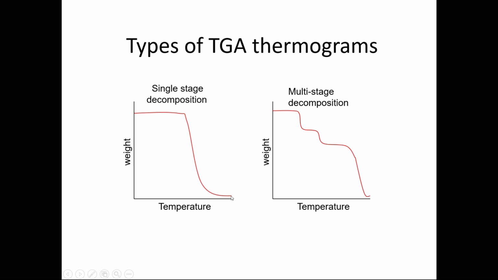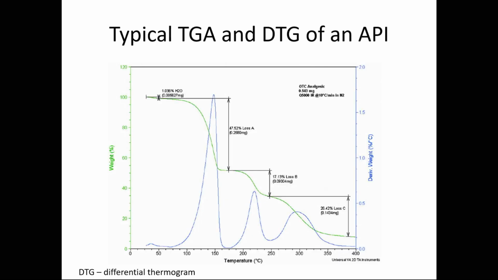Other compounds may show multiple stages. For example, on this diagram it will be stage number 1, stage 2, and stage number 3, after which the sample is almost completely lost. So there could be different scenarios, different stages for different compounds.